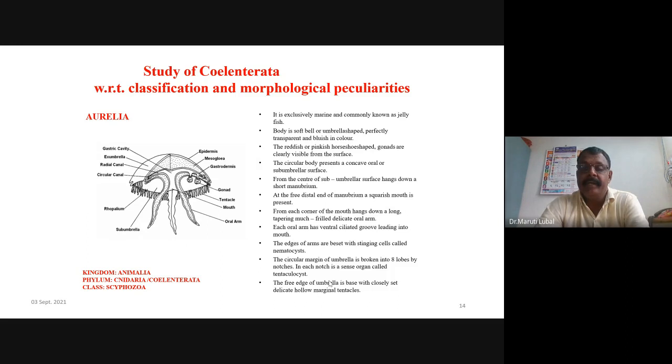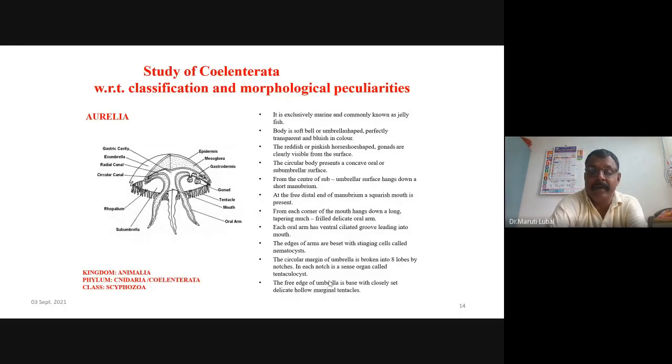The circular body presents a concave oral or subumbrellar surface. From the center of the subumbrellar surface hangs down a short manubrium. At the free distal end of the manubrium, a squarish mouth is present. From each corner of the mouth hangs down a long, tapering, much frilled, delicate oral arm.